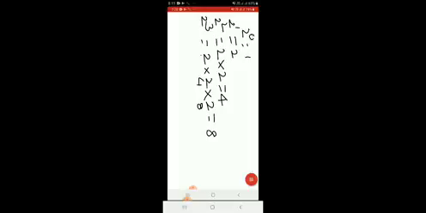Next 2 power 4. So when you take 2 power 4, it can be expanded as 2 into 2 into 2 into 2. Okay, that is 2 2s are 4, 4 2s are 8, 8 2s are 16. So its value is 16. Okay. 2 power 5 can be expanded as 5 times of 2, 2 into 2 into 2 into 2 into 2.